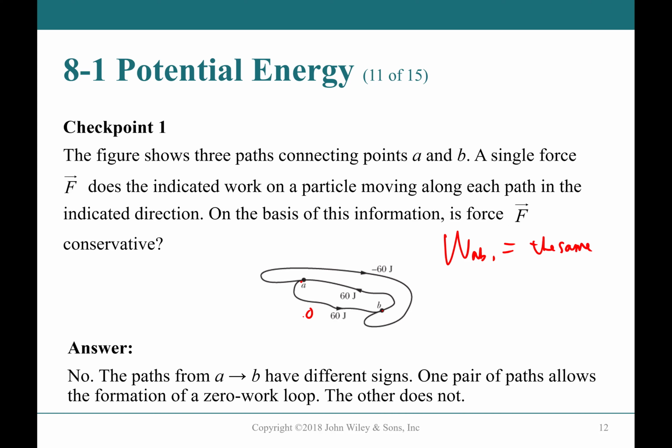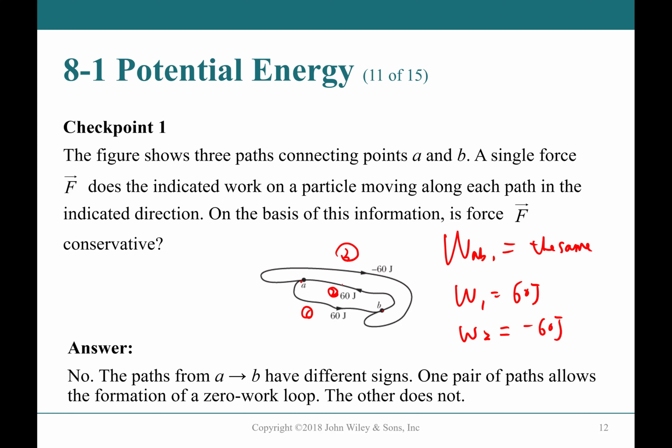If you label this path 1, this path 2, this path 3, moving from A to B, the first one is 60 joules. But the second one, take a look at this. This is from B to A. B to A is 60 joules, then W from A to B along the second path should be negative 60 joules.